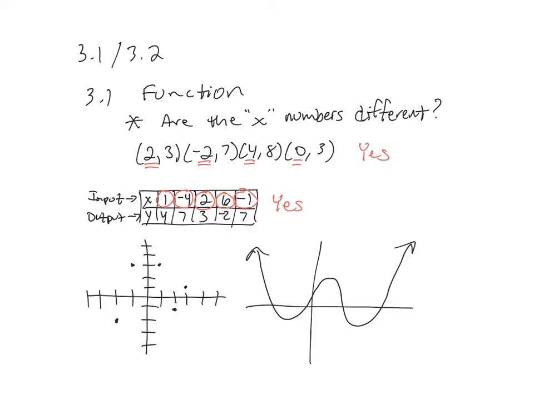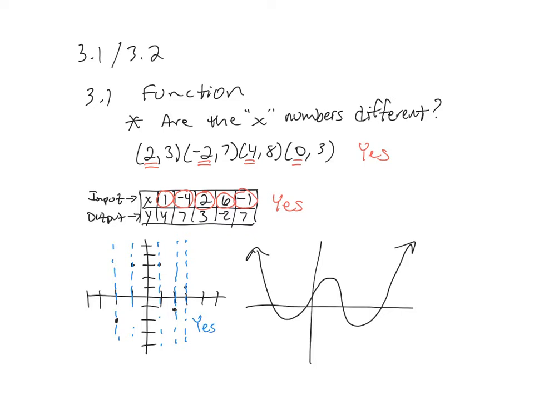And then on the graphing ones, we do the vertical line test. So if I draw a vertical line, each time I draw it, I should only touch one point. And as long as I only touch one point, that means the x numbers are different.